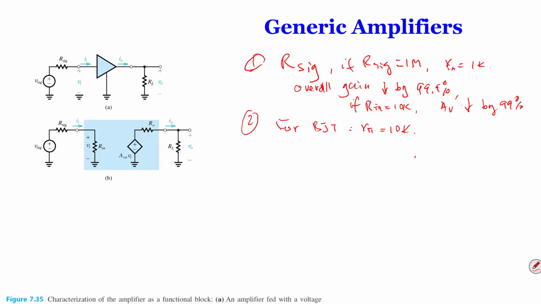what happens? Like if R sig is 10K, but your R in is 1 meg. How much is the overall gain going to decrease, do you think?